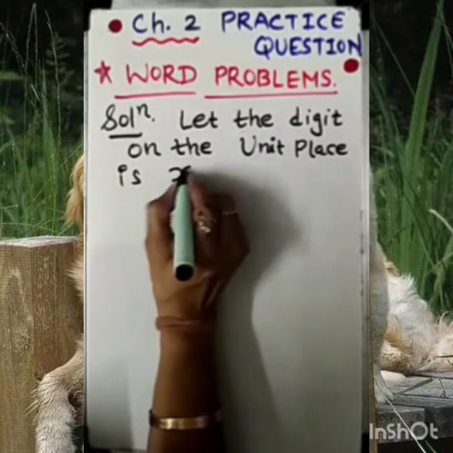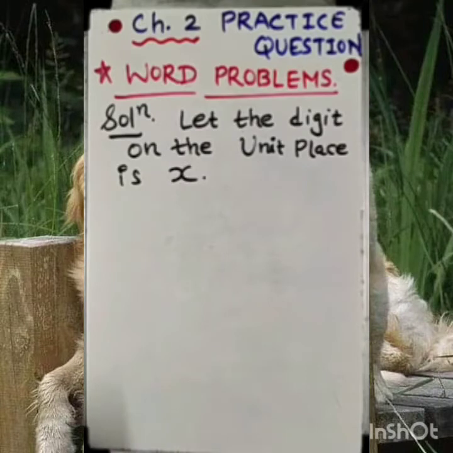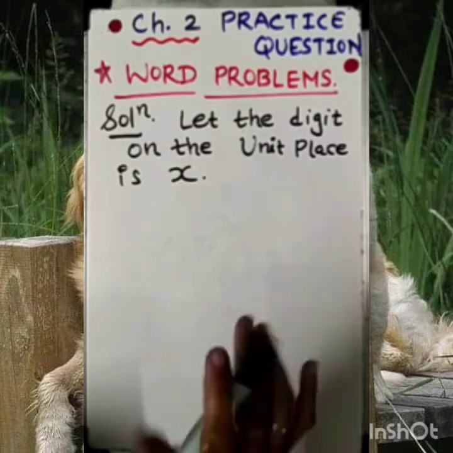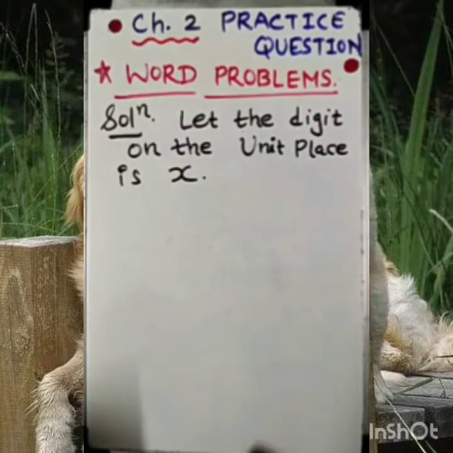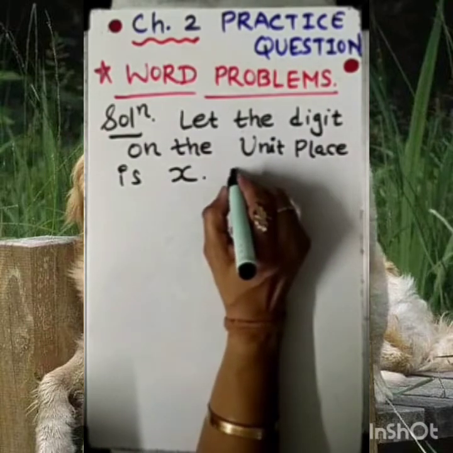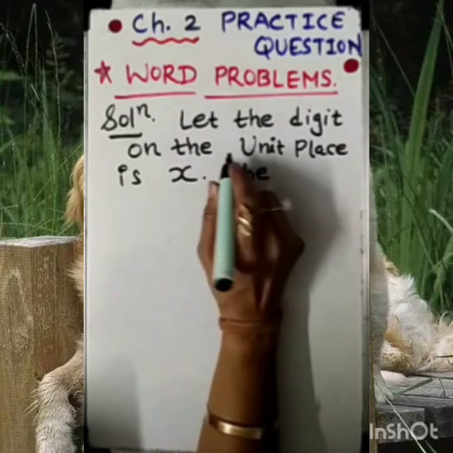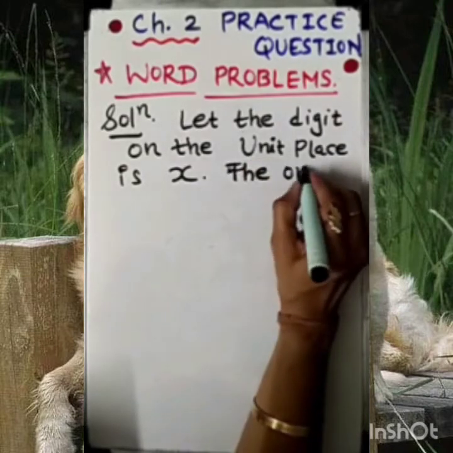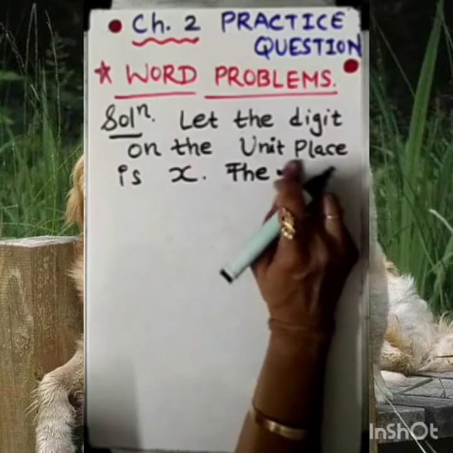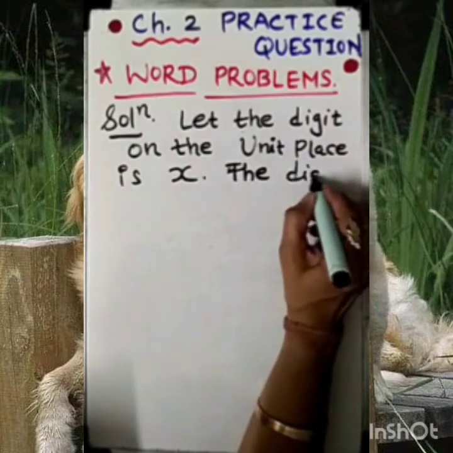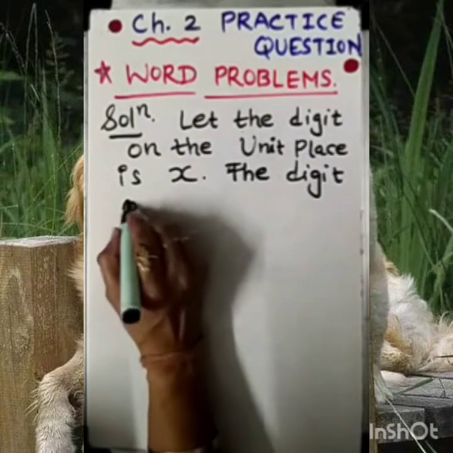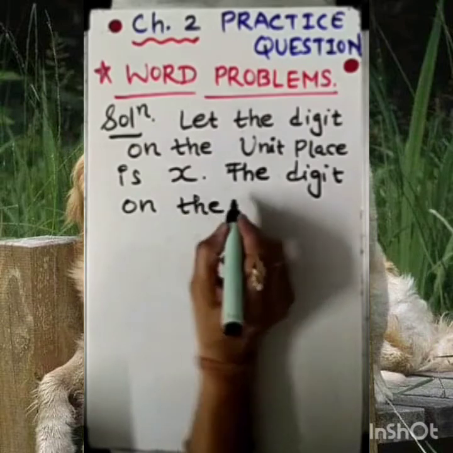We are considering it, okay. Let the digit on the unit place we are considering x. Okay. So what about the tens place digit? Actually, they have given the sum of the digits of a two-digit number is 15. So the digit on the tens place will be... What will it be?